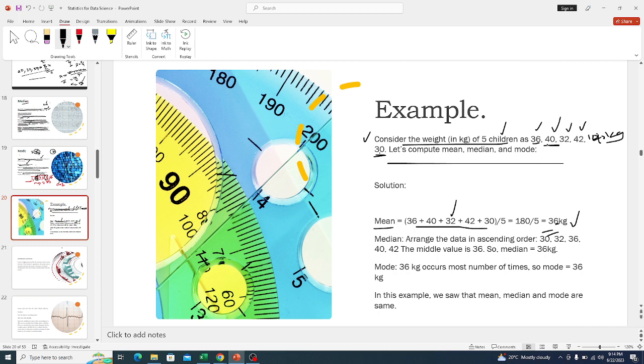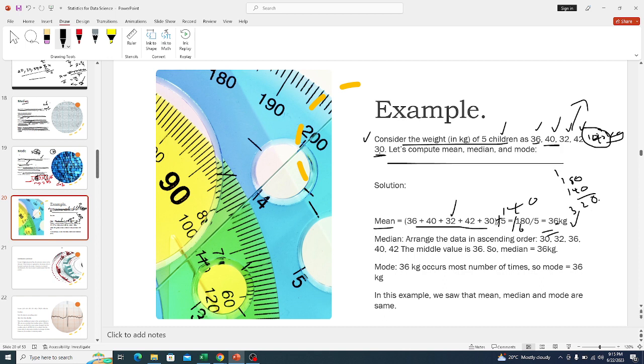With this, the mean will shift towards the highest value. For example, if we add 140 here and divide by 6, what will be the value? We have 180, and then we have 140, so this is 320.